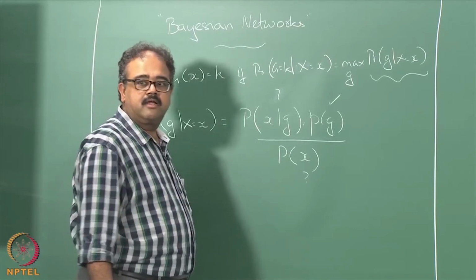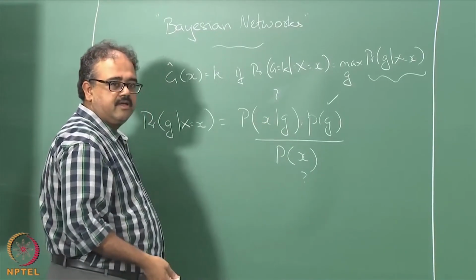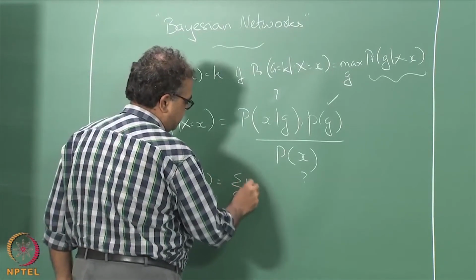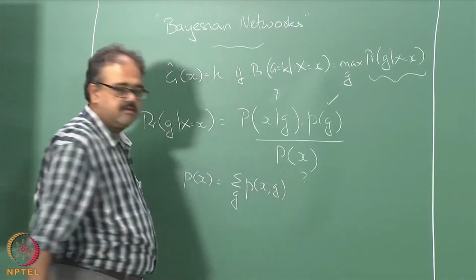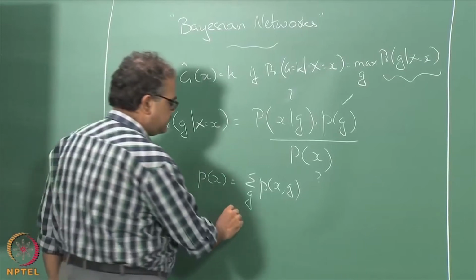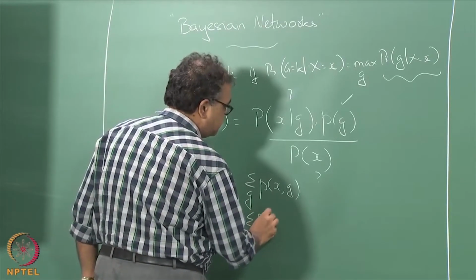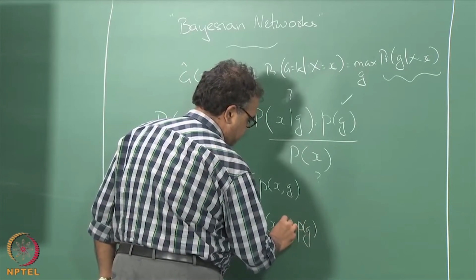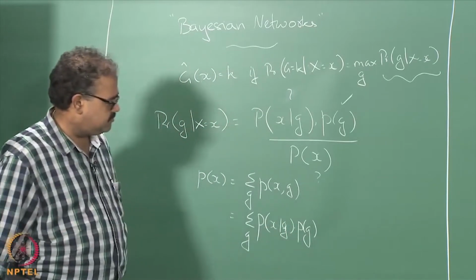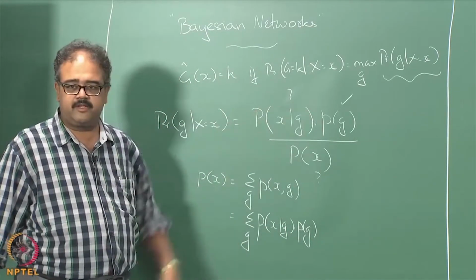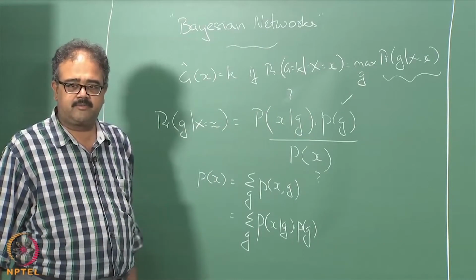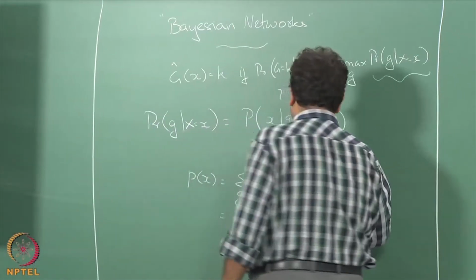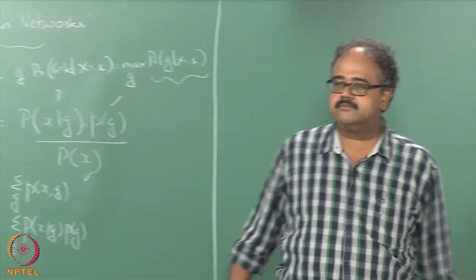Yeah, so you can assume that you have a... So what is probability of x? Let us essentially sum up the numerator for all possible g, so I get my denominator. So this I can do. So all we need to know is how to estimate that. So can you estimate that?